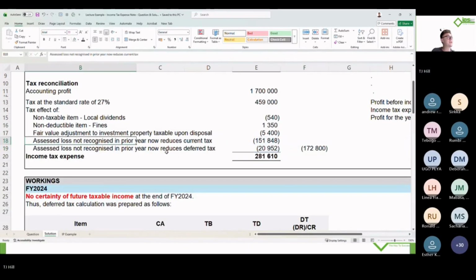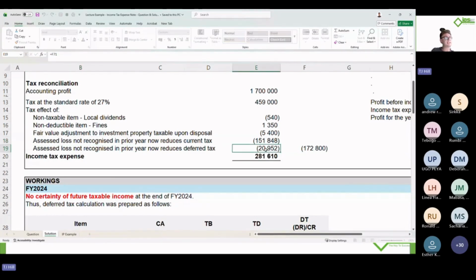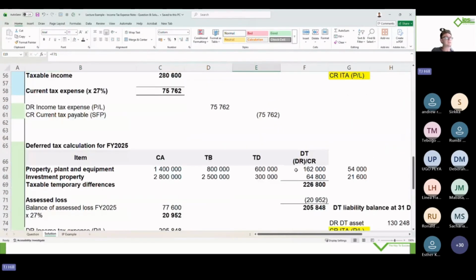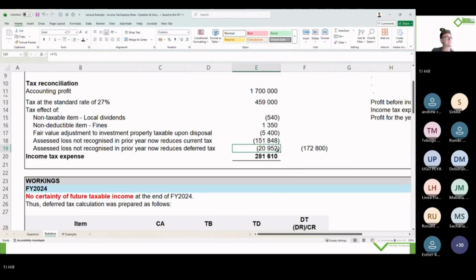Okay. There's a portion that is reducing deferred tax that was not recognized last year. Okay. And then there's a portion that is reducing your current tax of the 172. Okay.